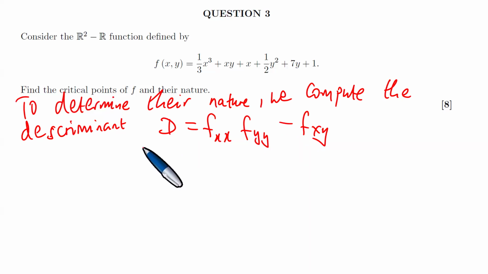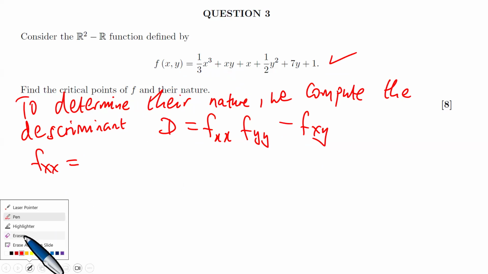Okay, now let us consider the function. So we want to find the nature of the critical points we've already got. But now, here we want to find fxx. With respect to x, okay, let's find it first. It's going to be tricky.